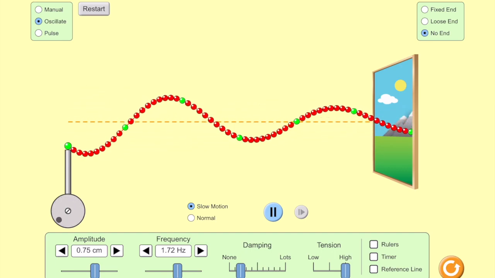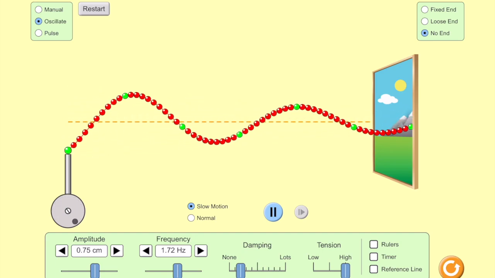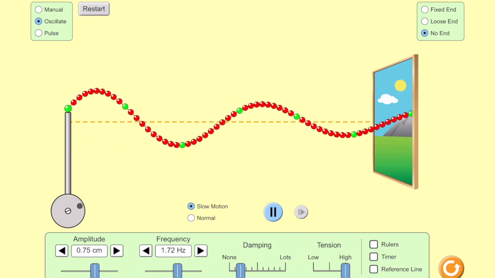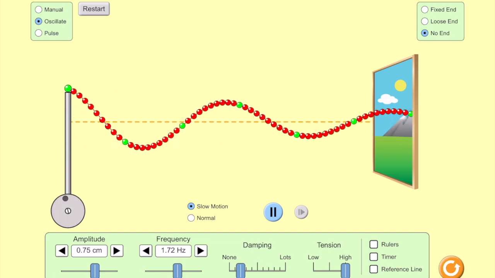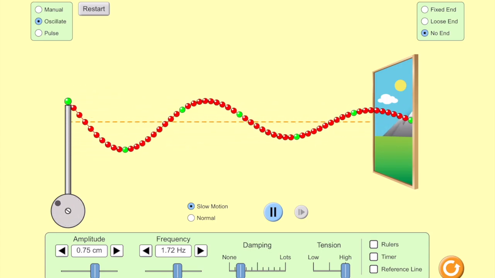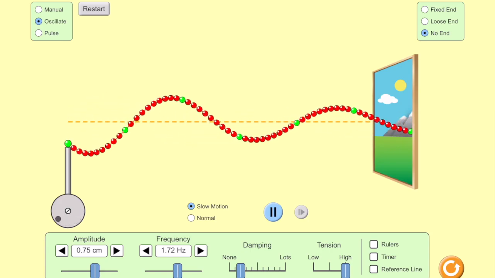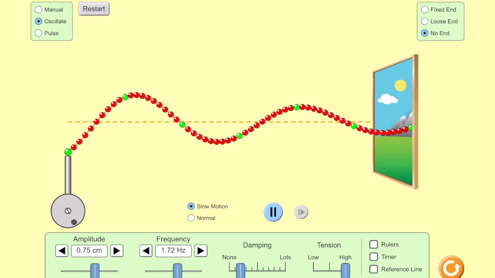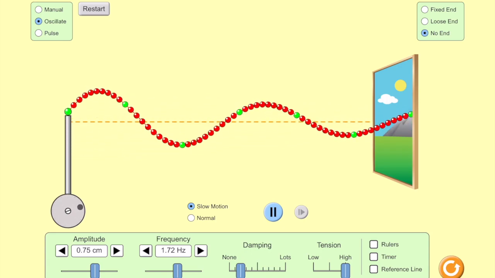So if I look at this peak right here, look at the formation of this peak. That peak starts moving to the right, my bad. So the actual wave itself is propagating from left to right, but every single individual particle or piece of the medium itself, if we just blow it up, all we see is that the particle is moving up and down. The medium itself is moving up and down, but the wave is moving left and right. So that's what we see there for the wave.